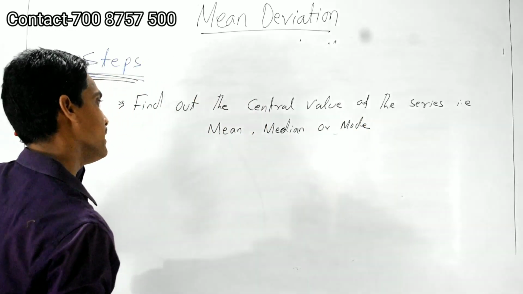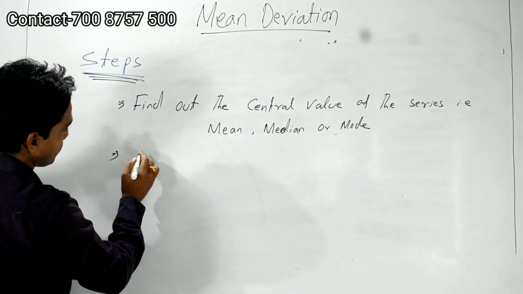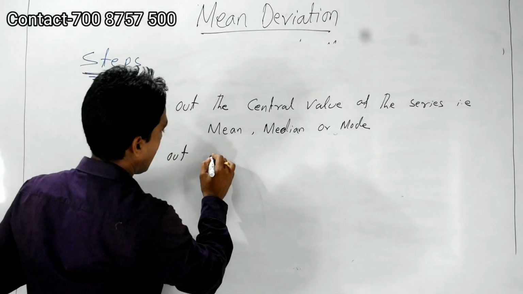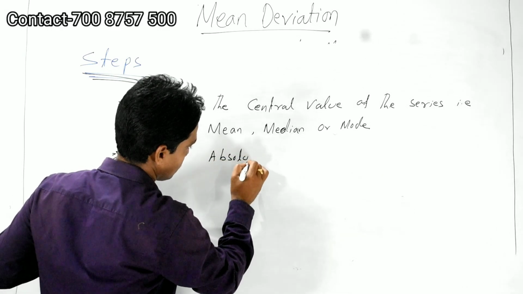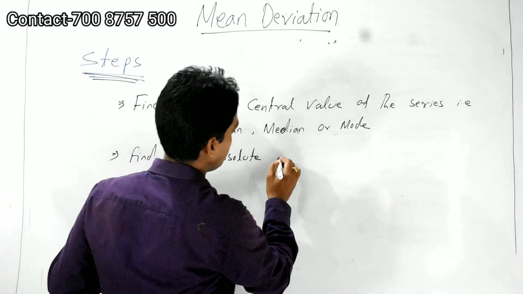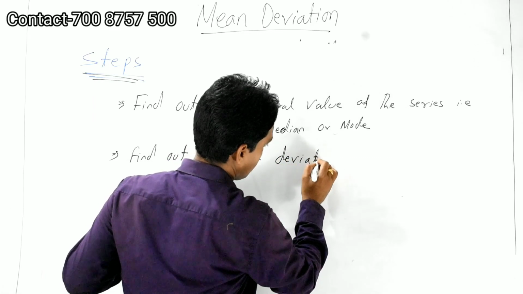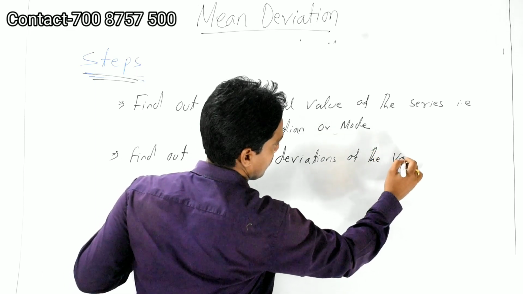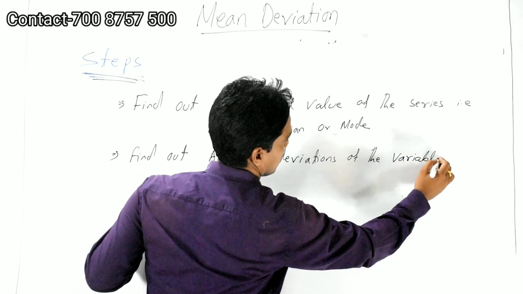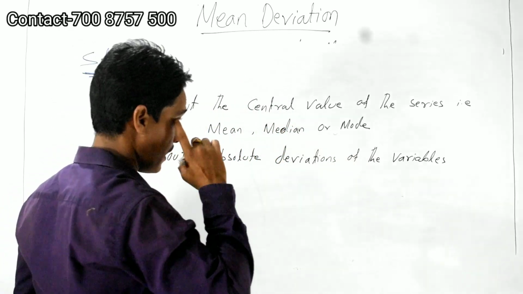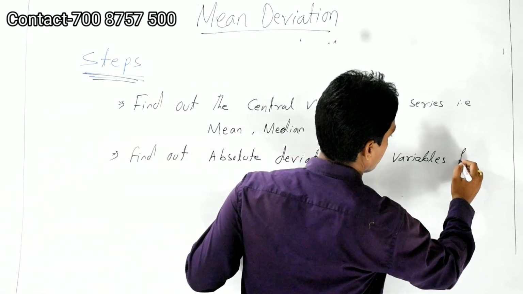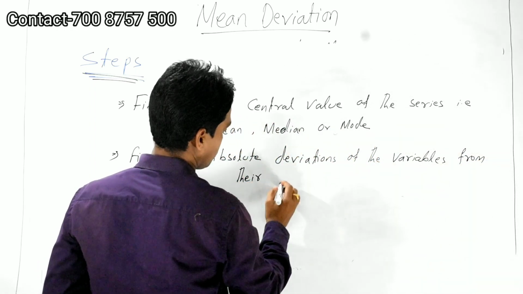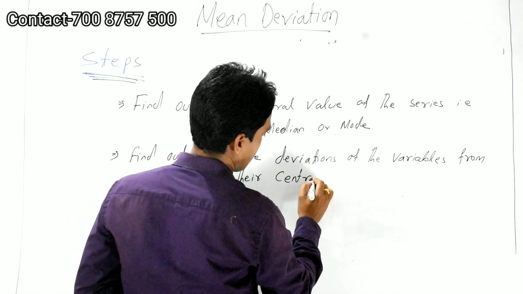Next step, find out the absolute deviations of the variables from their central value.